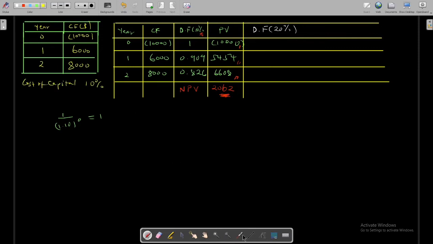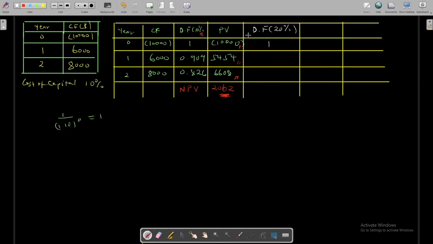Discount factor of 20%. So a discount factor of 20%, then we are going to have the present values. When you look at the discount factor of 20% for year 0, you are still going to get 1.